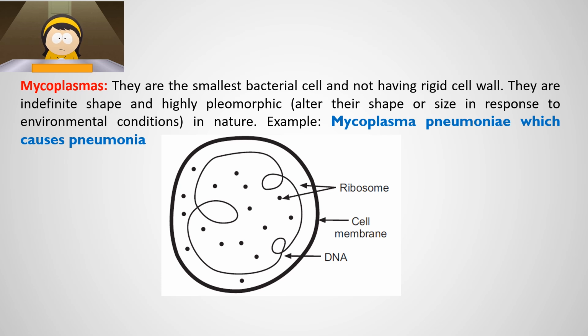They are the smallest bacterial cell and do not have a rigid cell wall. They are of indefinite shape and highly pleomorphic, altering their shape or size in response to environmental conditions. Example: Mycoplasma pneumoniae, which causes pneumonia.